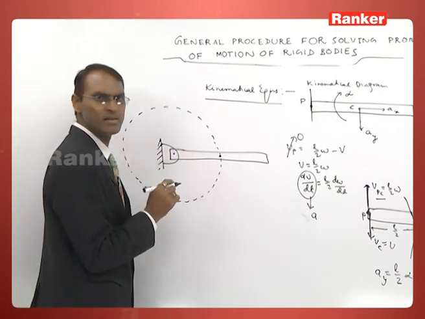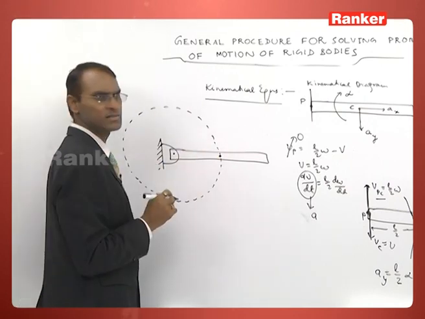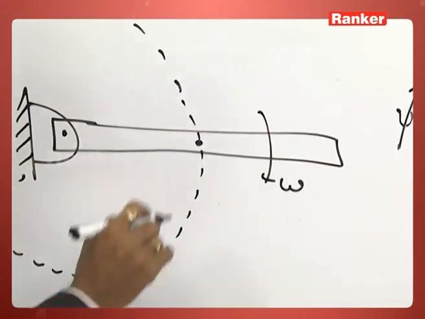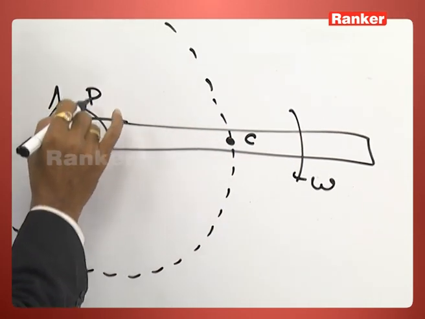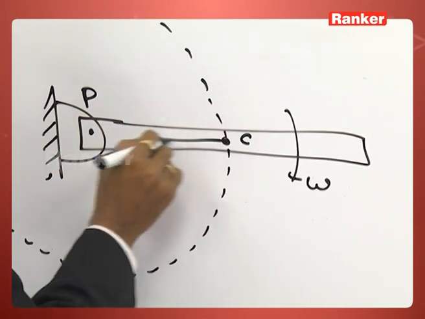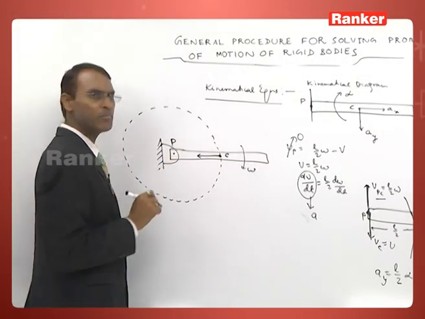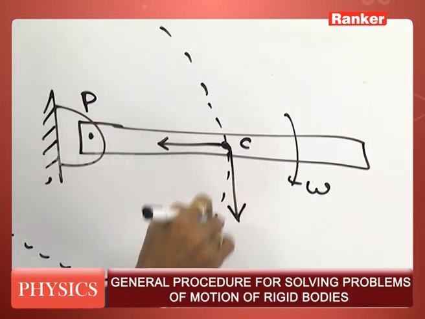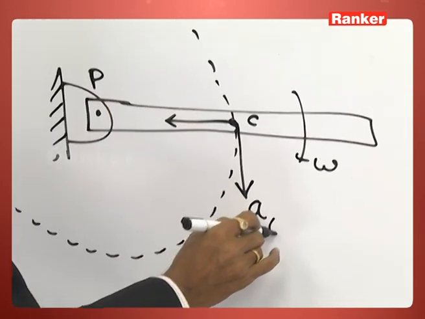For this case, the center of mass has two accelerations. If the angular velocity of the rod is omega, this point moves in a circular path with respect to this pivot P. Therefore, it has one acceleration towards the center of the circular path, another acceleration directed along the tangent. This acceleration is called tangential acceleration.